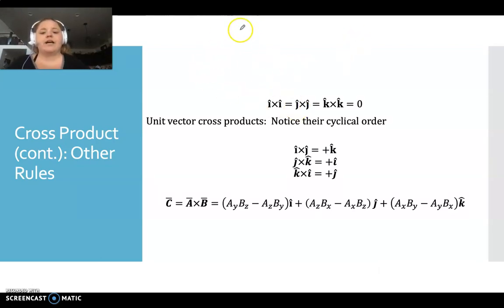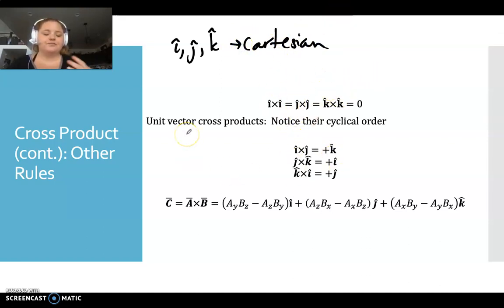So remember that our unit vectors are i hat, j hat, and k hat when we're looking at the Cartesian coordinates. And there are a couple of products that come out of this.